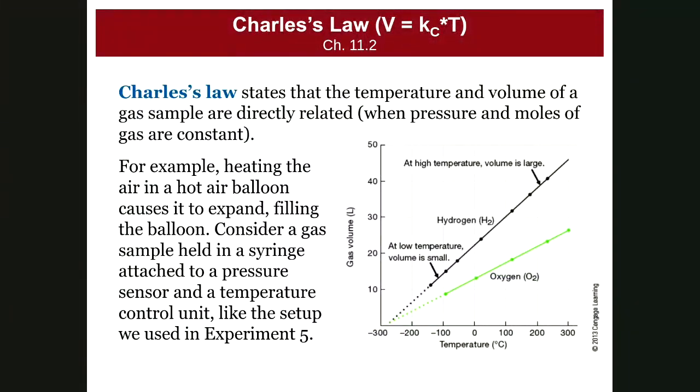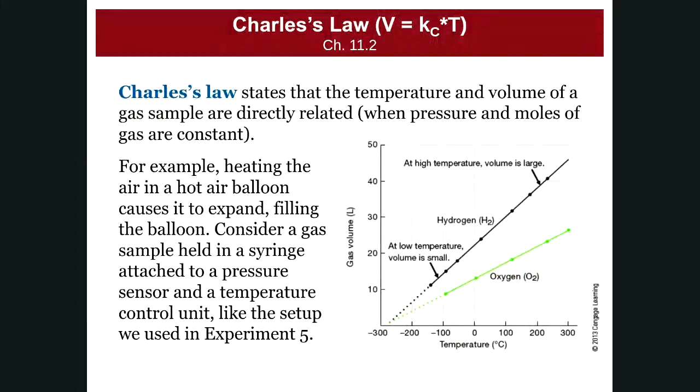If you consider a gas sample in a syringe, like the one we had in experiment 5, and you attach it to a pressure sensor and a temperature sensor, and we change the temperature by boiling some water or getting some ice, like we did in experiment 5, you can measure the volume. What we did was measure volume and pressure, and measure temperature and pressure. This law relates volume and temperature instead, but volume and temperature and pressure and temperature have the same relationship.